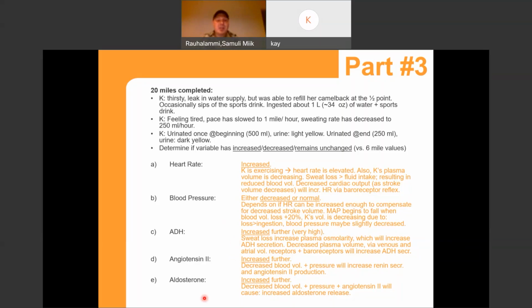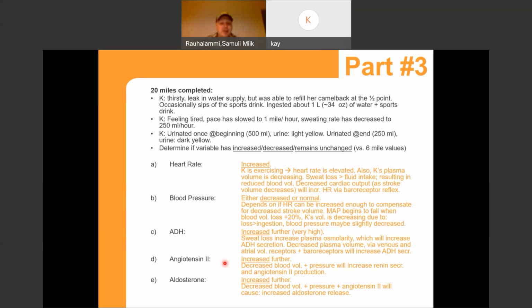In terms of angiotensin II and aldosterone, both are going to be increased, and for the very same reason: because there's less blood volume, there's less blood pressure. This will increase renin secretion and angiotensin II production, and increased angiotensin will cause aldosterone release to go up as well. Again, don't worry about getting all the nitty-gritty detail.